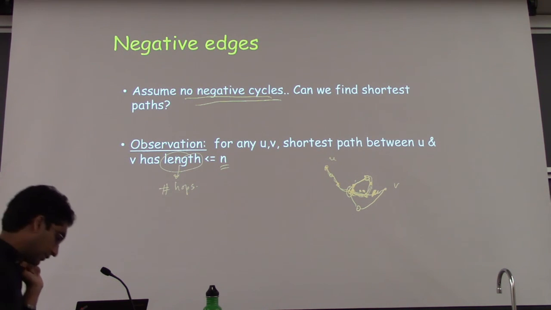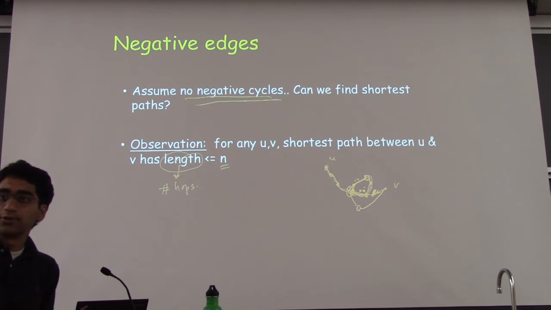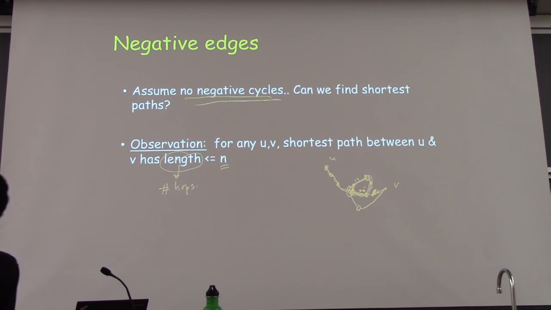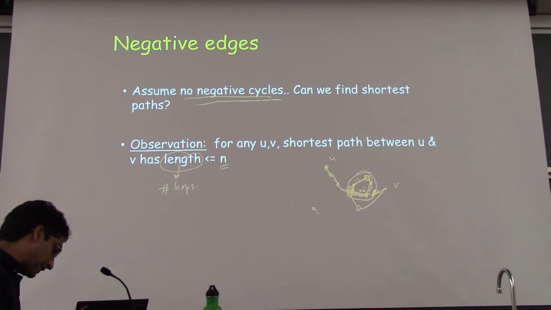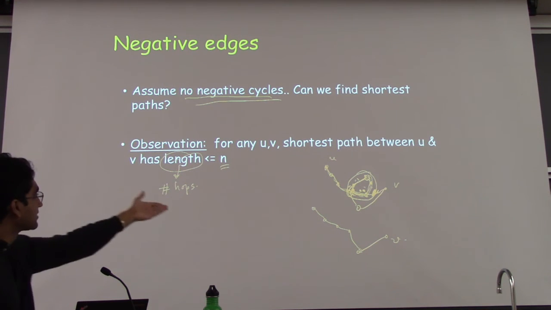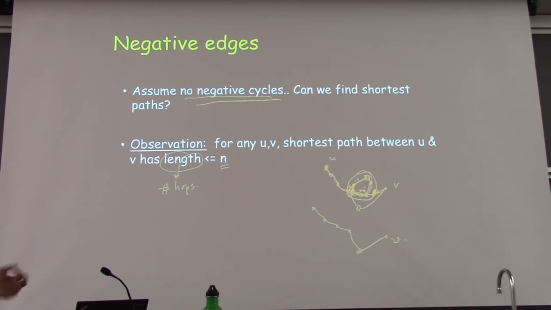So the total weight of edges on this cycle is at least 0. But then why do you have this cycle in the first place? So that's the argument. Chopping off this cycle and just taking the path that looks like this is at least as good as this other path. So this is the proof.